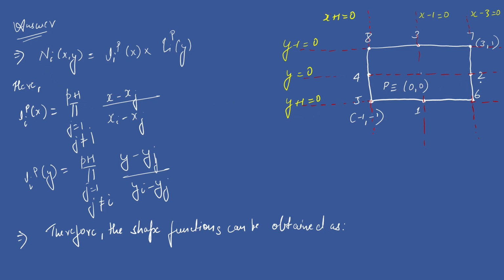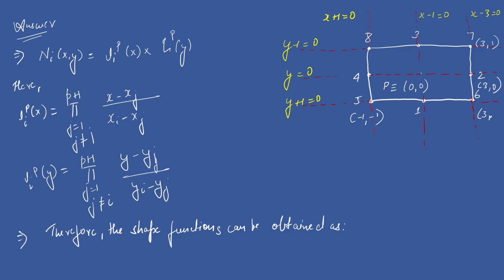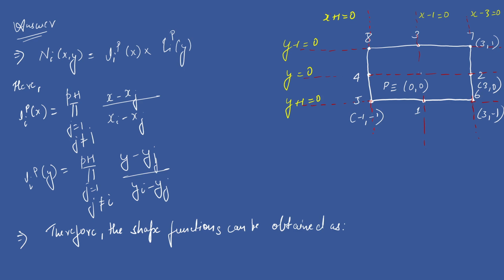So the coordinate of second is how much? It's x is 3 comma 0, is 3 comma minus 1, right? So x minus x0. So for the n2 coordinate, so we need to consider the 0 x.